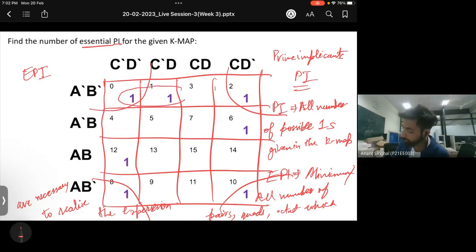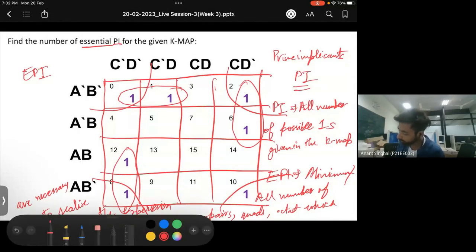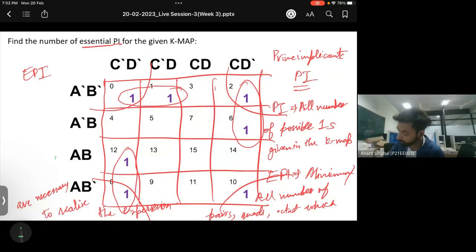I don't have any other option but to cover like this. All are essential to realize the expression. This one does not have any other ones covering it. This one is also covered only one time, and this one is also covered only one time. In this also there is one which is covered only one time. So all four of them are required to realize the expression. So there will be four EPIs in this question. The correct answer to this question is four.